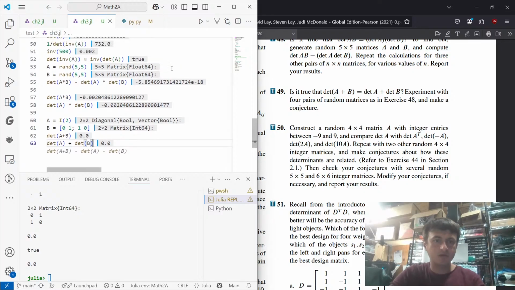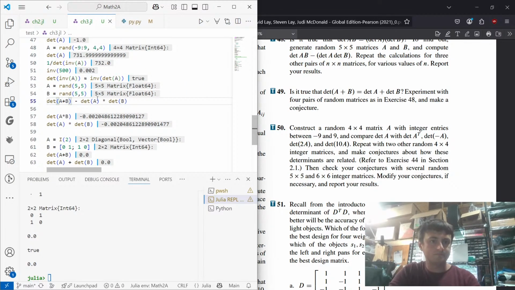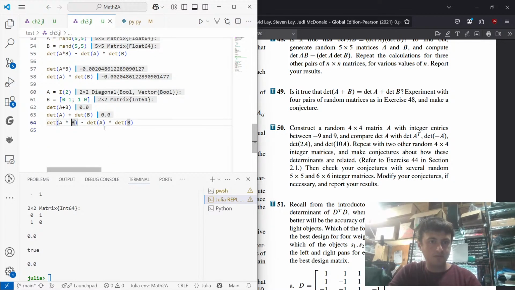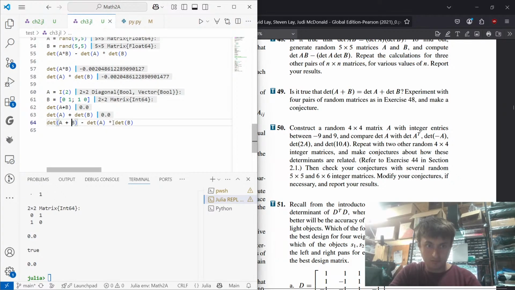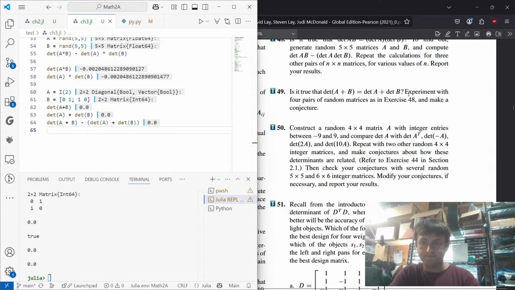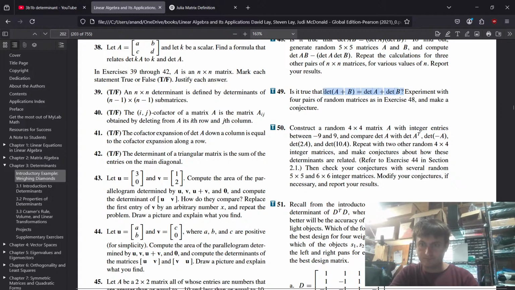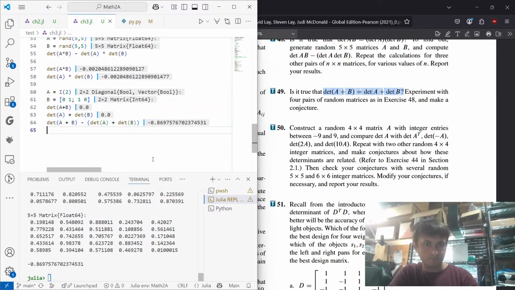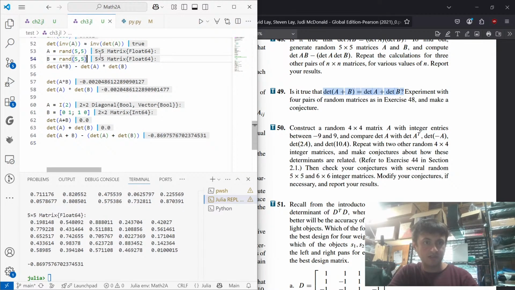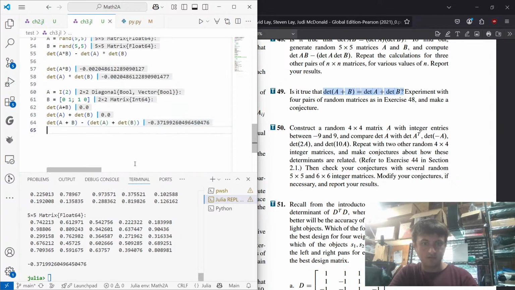All right, let's do our... Oh, wait, we can copy this. Oh, that's not always true. What the heck? How is it true that one time? It's like definitely not true. But what's a good example?